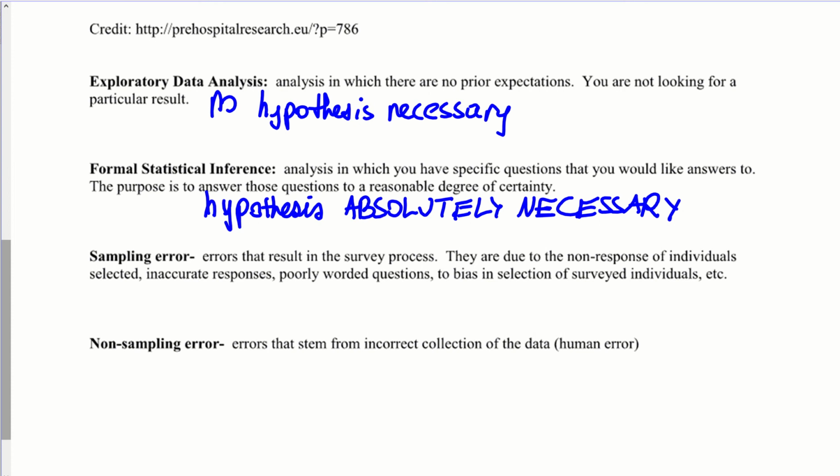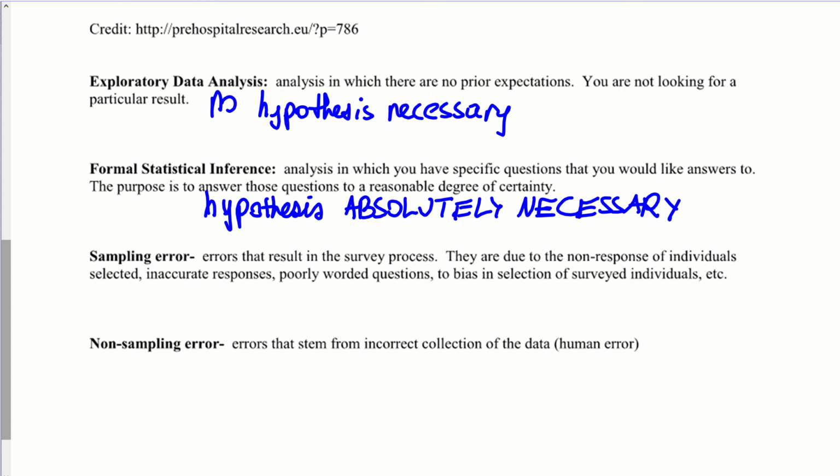So that's sampling error. Now, in the case of left arm versus right arm, nothing was done incorrectly. It was just done inconsistently. So there needs to be consistency in the approach that's taken. So if you're taking somebody's temperature orally, and then somebody comes along and does it through the ear, or, you know, like an infant.